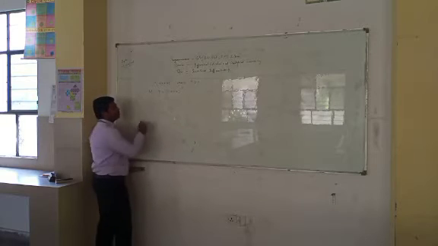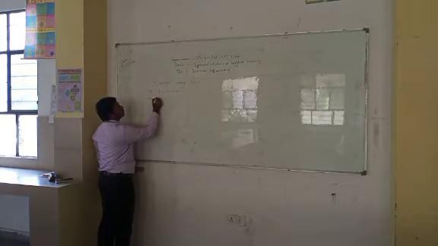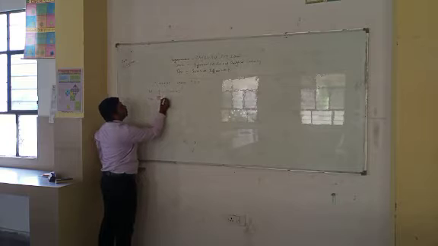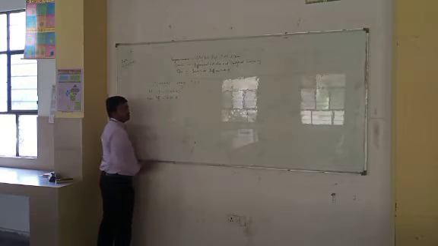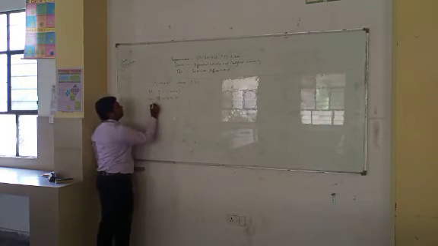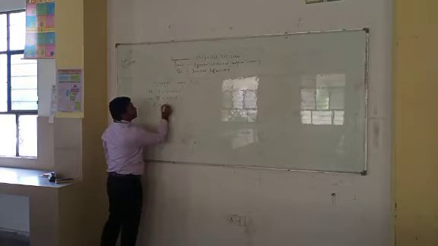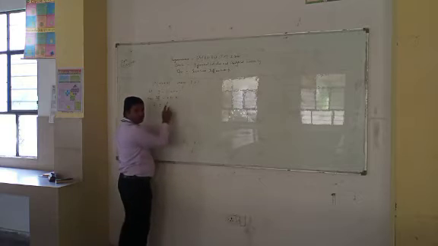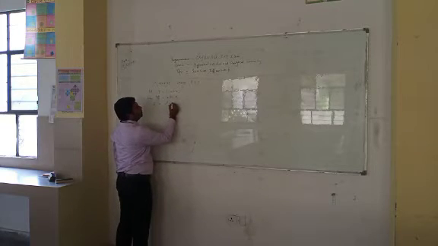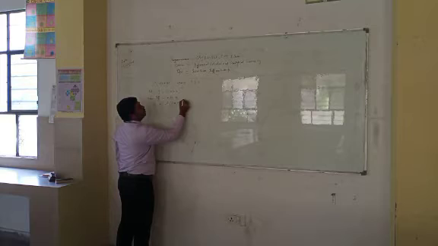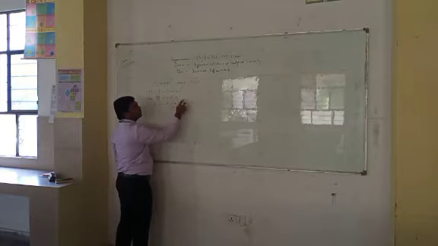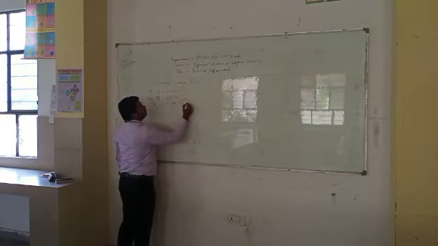So we let y is equal to (ax plus b) to the power minus p. Now differentiating with respect to x, then y1 is equal to minus p, (ax plus b) to the power minus p minus 1, into a.